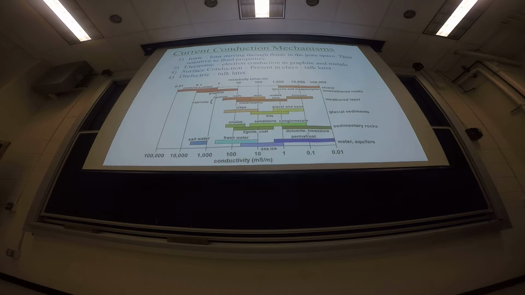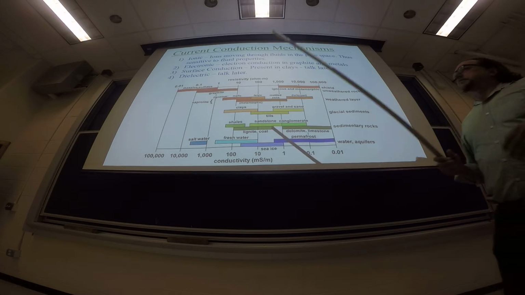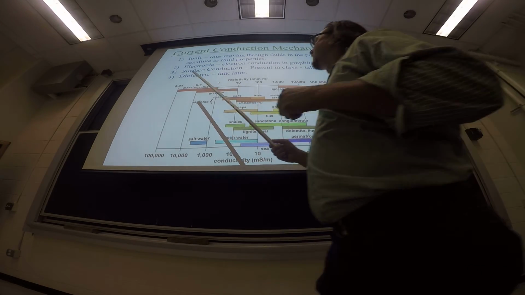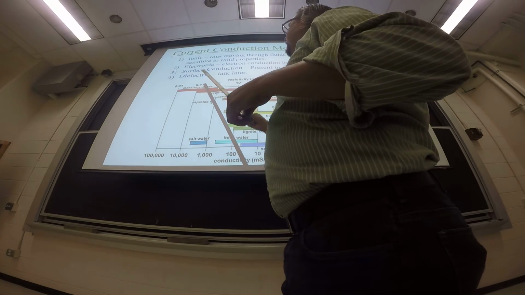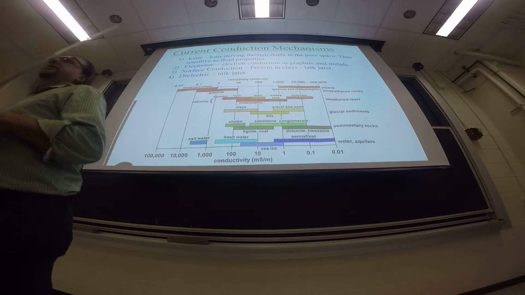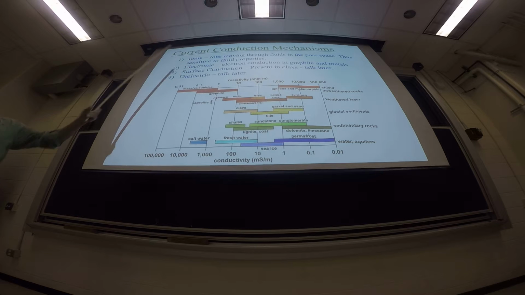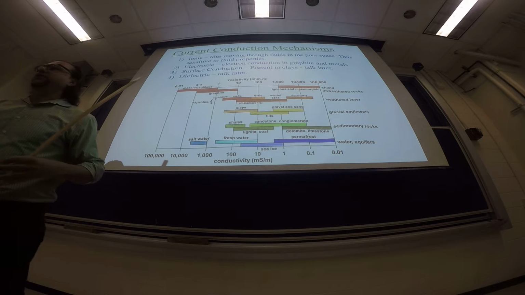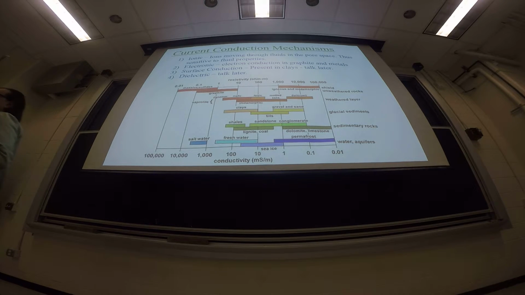Okay, so what range of resistivities do we have in rocks? And what are the different conduction mechanisms that we have? Well, there's several different conduction mechanisms. The one that's going to be probably of most use to all of you is what's known as ionic conduction, and this is basically you have a fluid saturated rock, or maybe it's not saturated, but you have fluid in a rock filling the pore space.